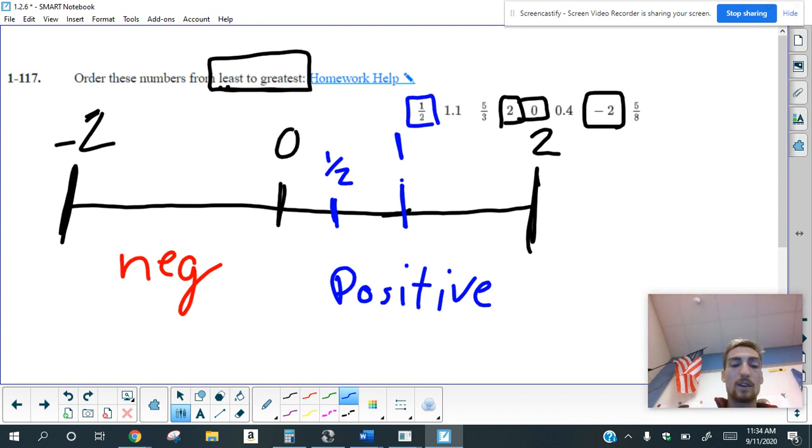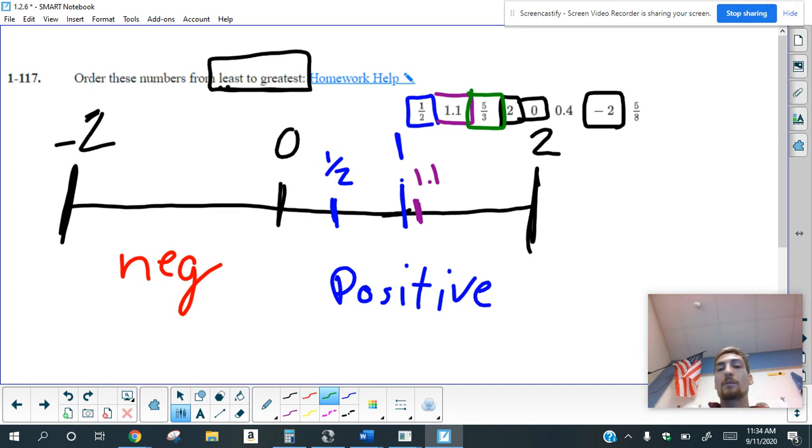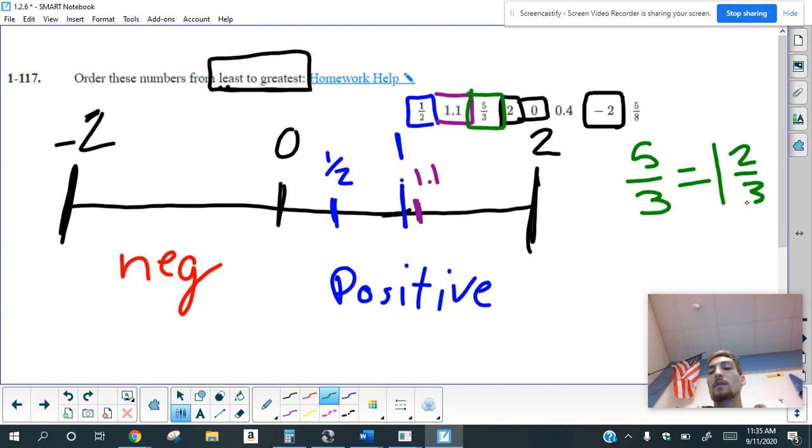Then 1.1, where would that be? It's going to be close to 1, but a little bit greater than 1, so about right here. Then we're looking at 5 over 3. If I put this into a mixed fraction, it would be 1 2/3, because it'd be 3 over 3 with 2/3 left over.